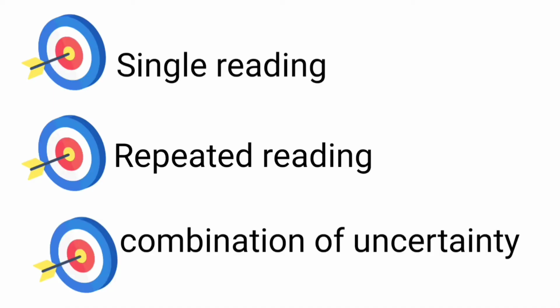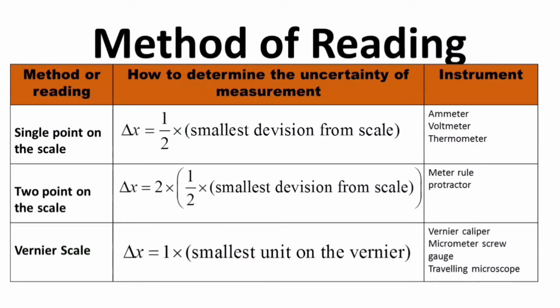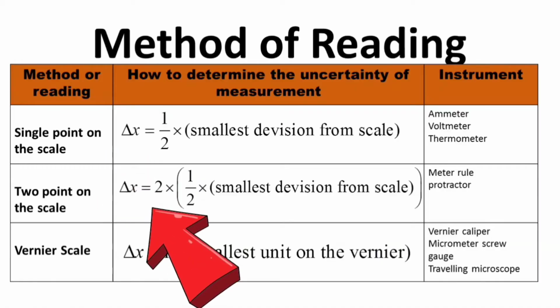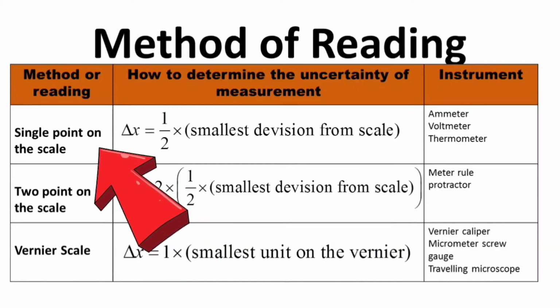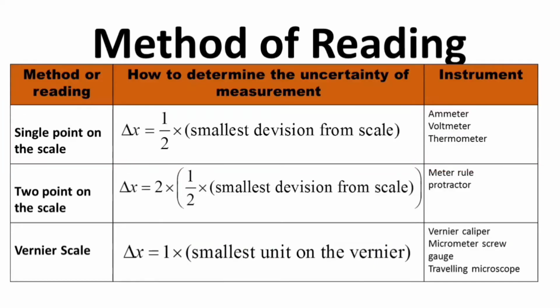Moving on to the first section, uncertainty of a single reading. The uncertainty of measurement is determined from the method of reading. Either you have a single point reading, 2-point reading, or vernier scale reading. For single reading, the uncertainty of measurement is taken as half of the smallest division on the scale.